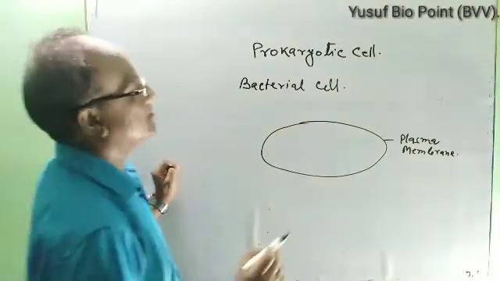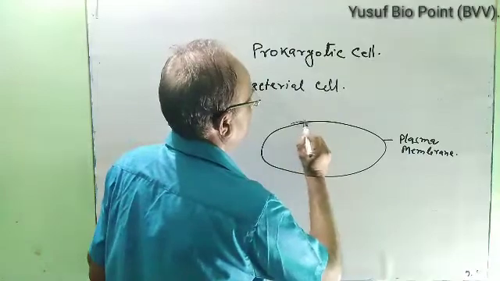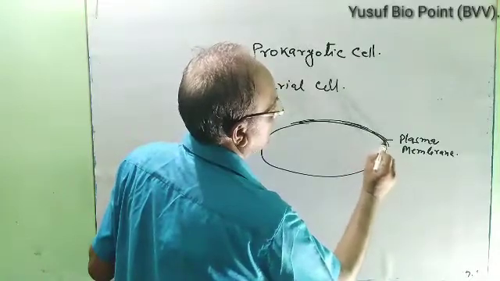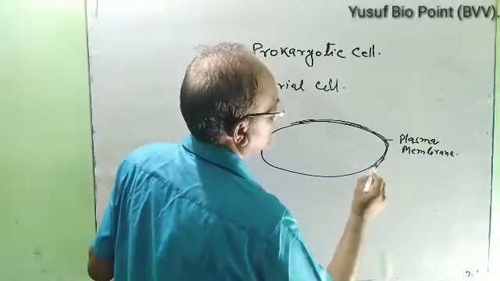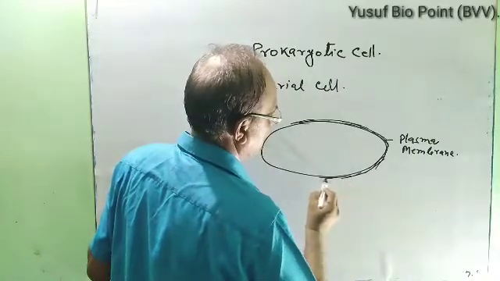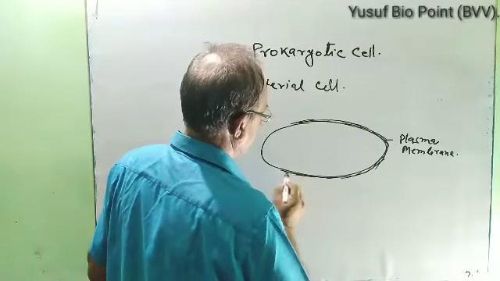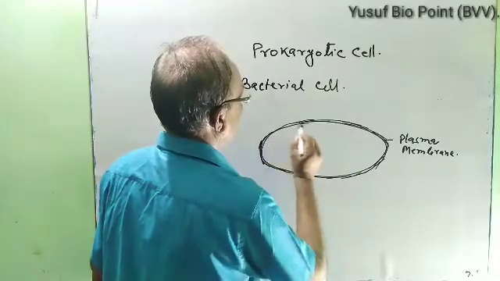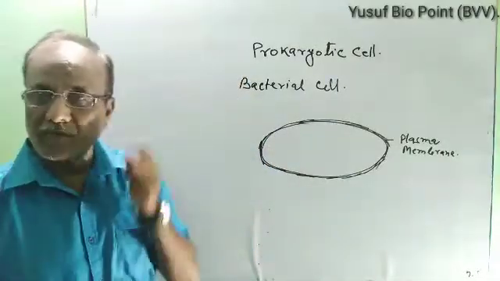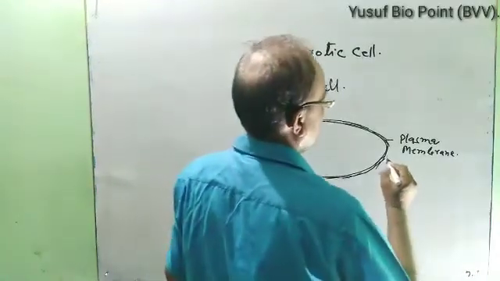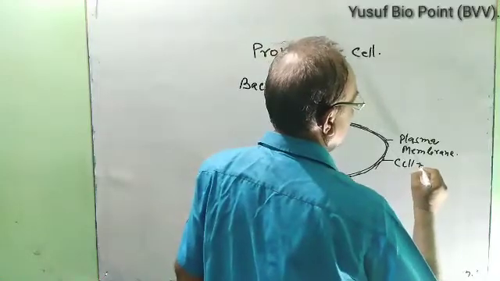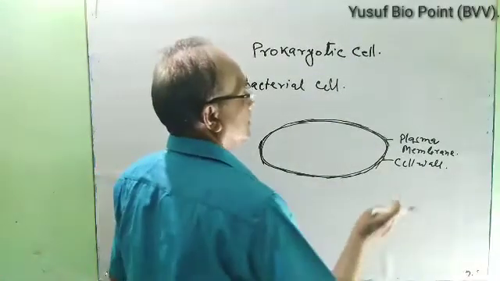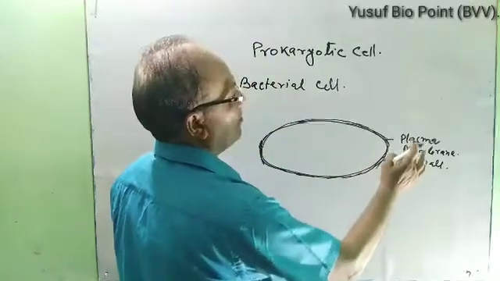And above the plasma membrane there is another lining also found, that is called cell wall. It is just above the plasma membrane.